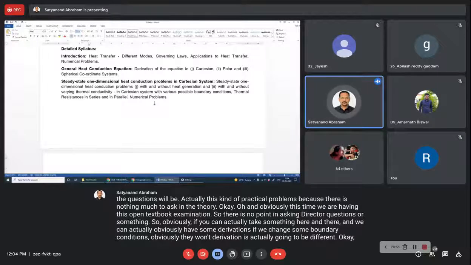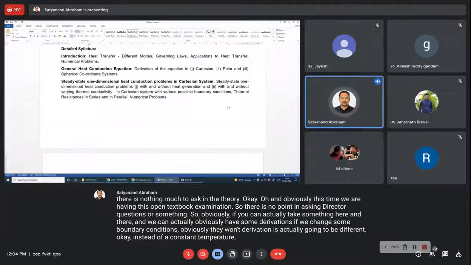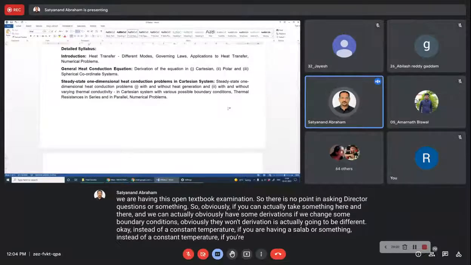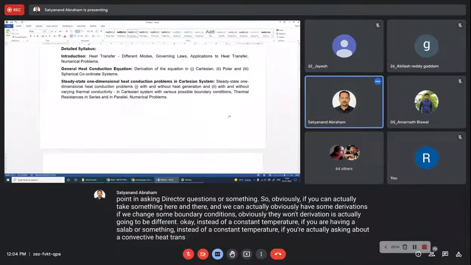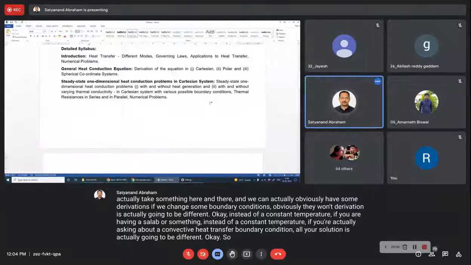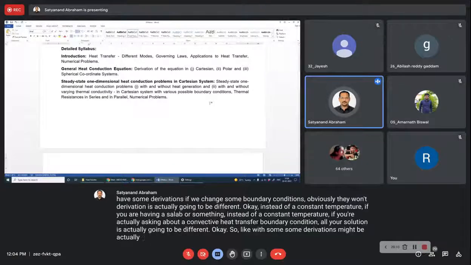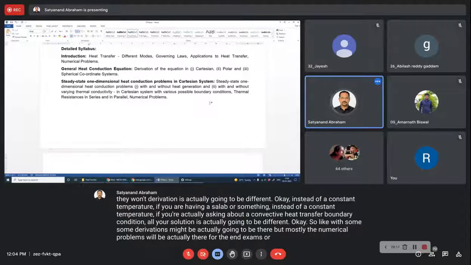Instead of a constant temperature on a slab, if you ask about a convective heat transfer boundary condition, your whole solution is going to be different. So some derivations might be there, but mostly numerical problems will be there for the end exams or any of the exams.